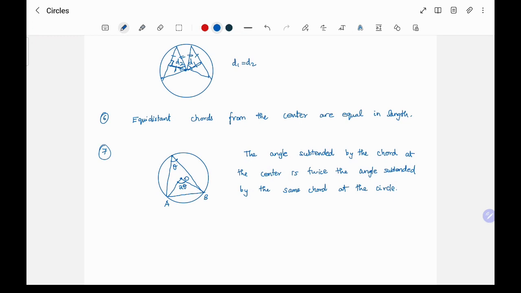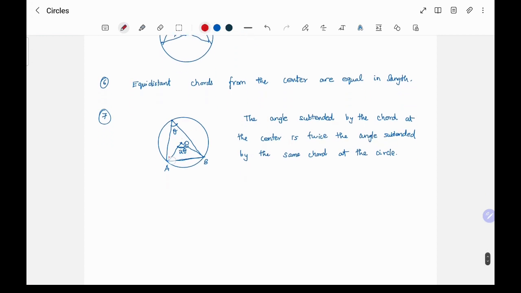So this is the circle, here it subtends theta, then at the center it will subtend 2 theta, and you can see it's the same chord. What it also means is, however you draw, if you just move this point from here to here, this angle remains the same, theta. That is the beauty of this theorem.